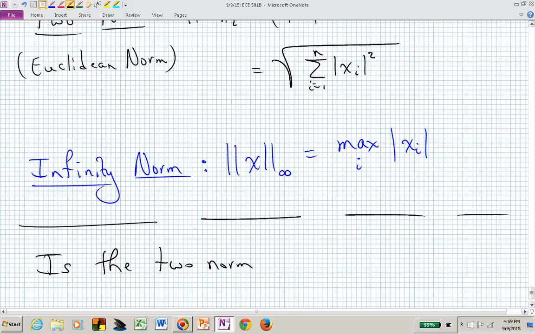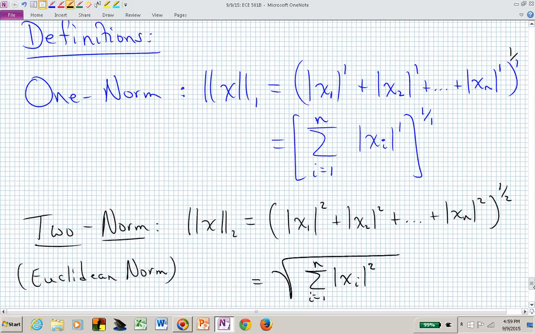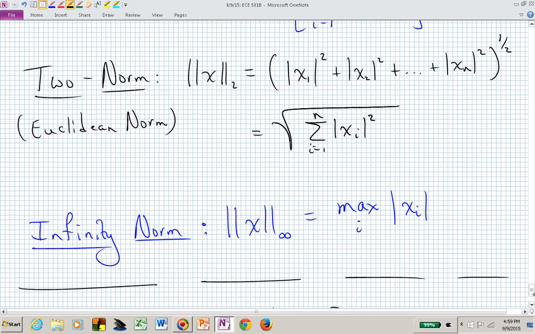Is the 2 norm linear? Is that linear? So you could flip a coin, right?